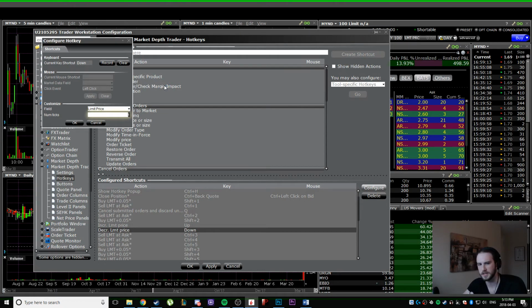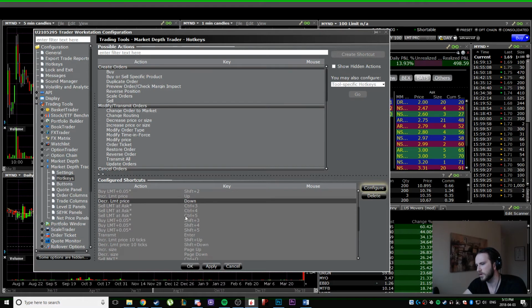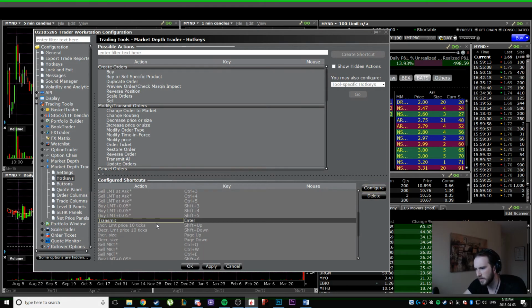In most cases these stocks move in 1 cent increments, so it would be 1 cent. It'll keep moving it down, and when I want to transmit the new order, all I have to do is hit enter, and it'll update the order. So that's kind of cool. It helps me get out of things quickly and update my orders instead of canceling them.